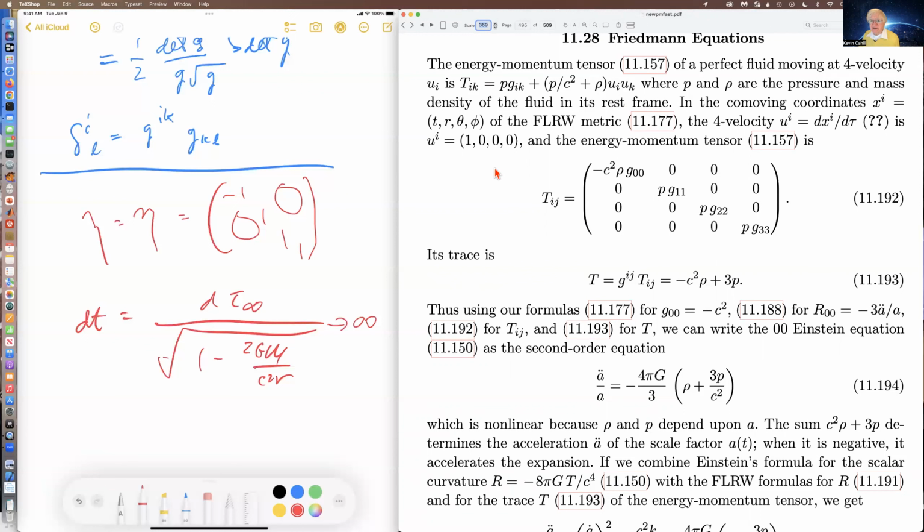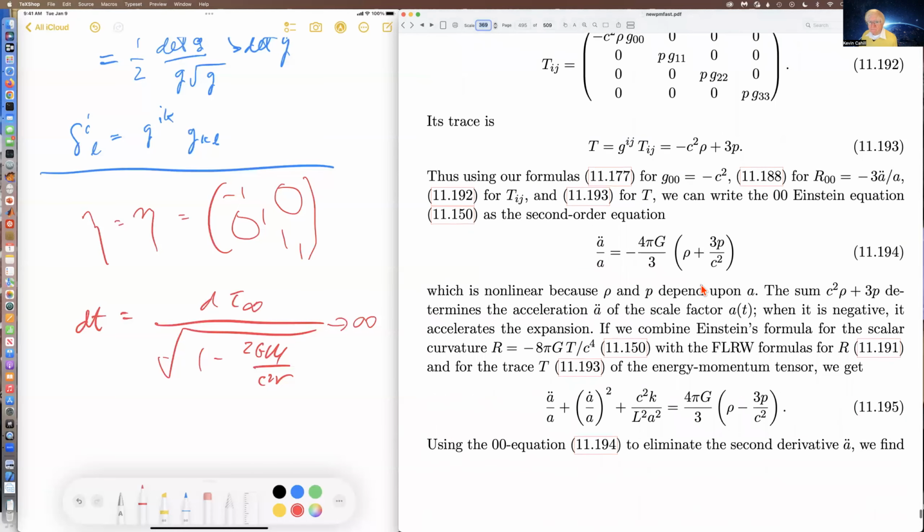Then what you find in the rest frame is that things become pretty simple, because these u's vanish in the rest frame except for u00. And so you get this expression here. And the trace is equal to 3p minus the energy density.